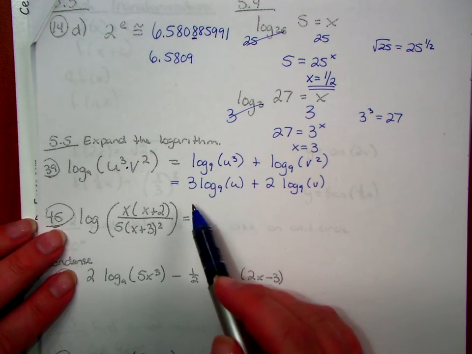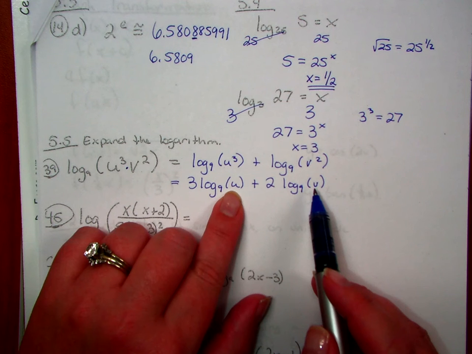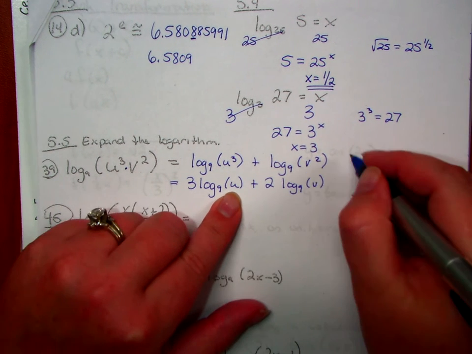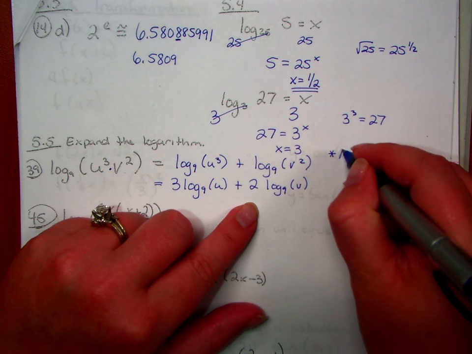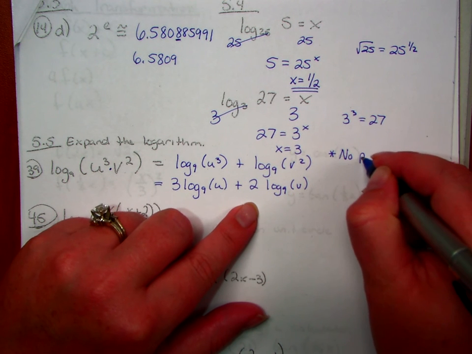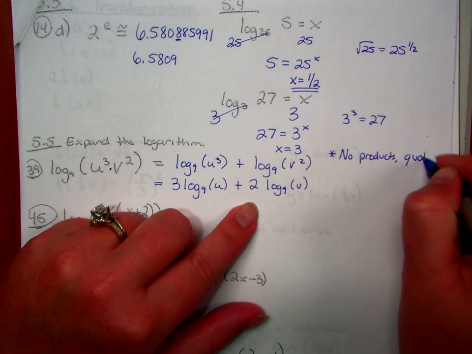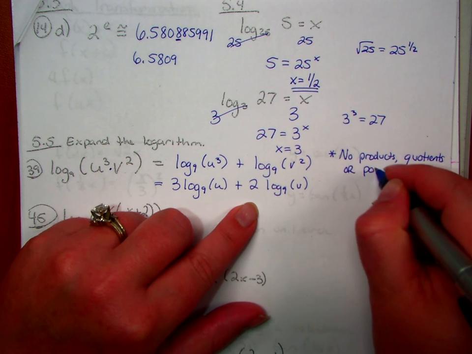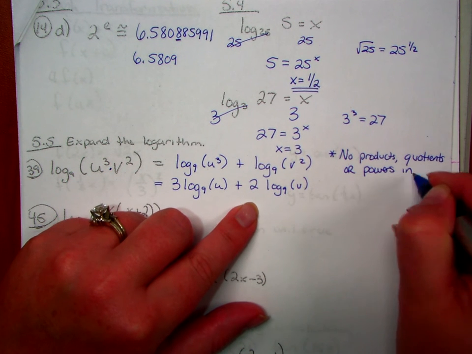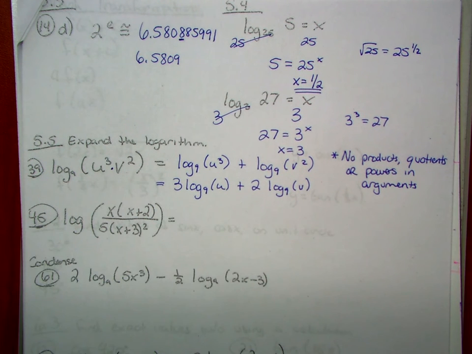This is fully expanded, because if you look in the argument, there are no products, no more quotients, and no more powers. You might want to put a note for yourself there: no products, quotients, or powers in the arguments. That's how we know it's fully expanded.